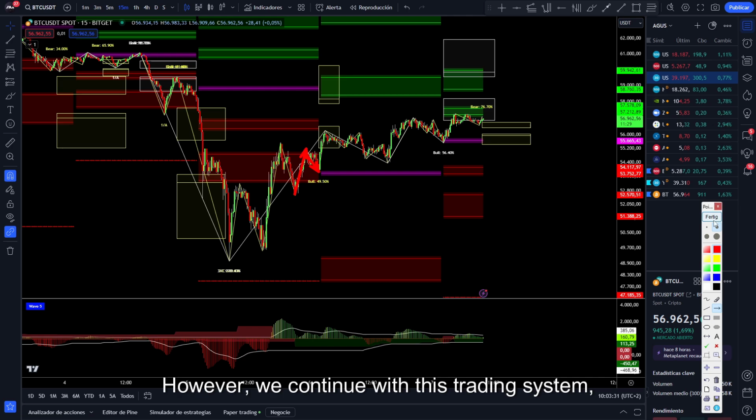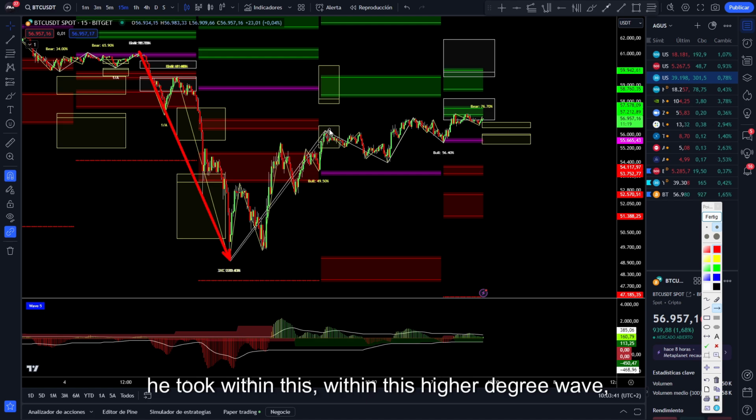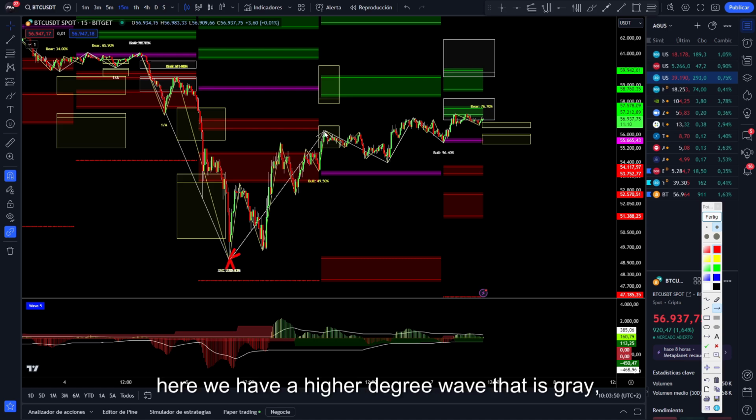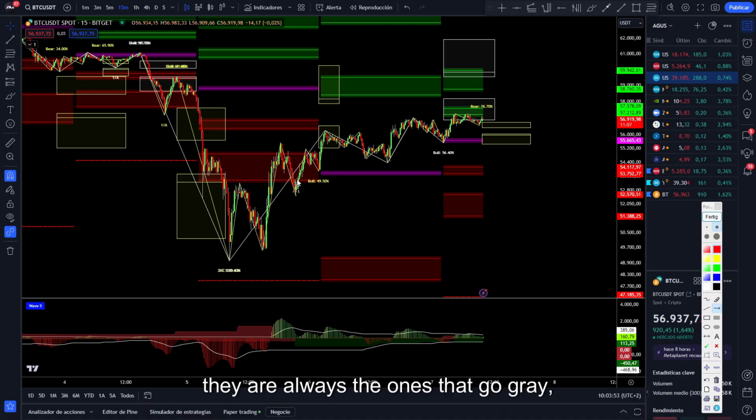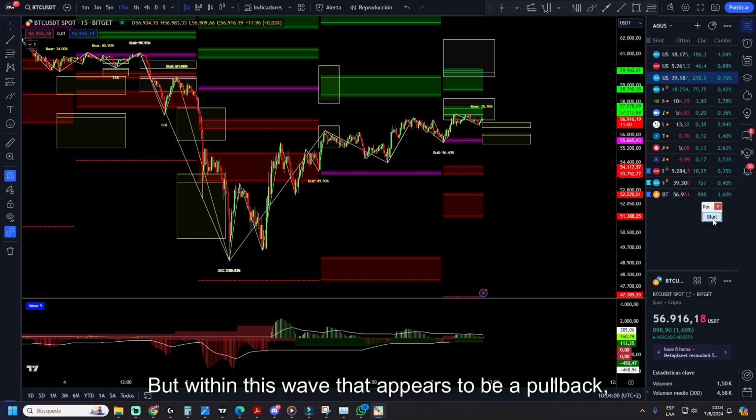However, we continue with this trading system, which also marks it quite well. For example, within this higher degree wave, because remember, here we have a higher degree wave that is gray. They are always the ones that go gray. Here we have another higher degree wave that goes gray.